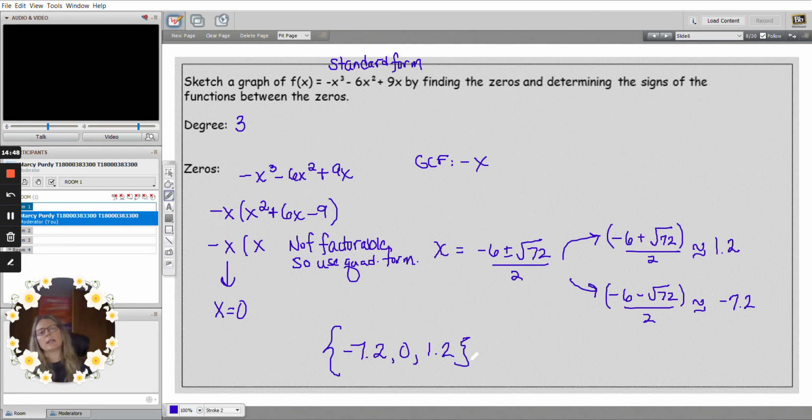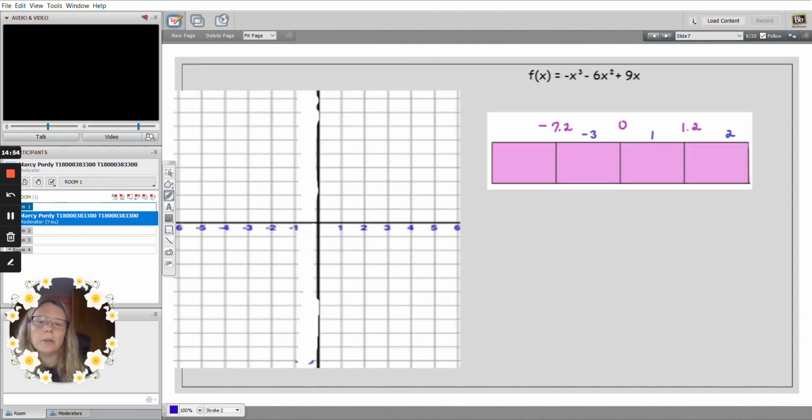So we're going to go to the next slide and we're going to graph those. So my -7.2 would be good if I had enough room on here, but I do not. Sorry about that, guys. So negative 7.2 is going to be right about here. So that's not a really good placement for our, let me do this real quick.